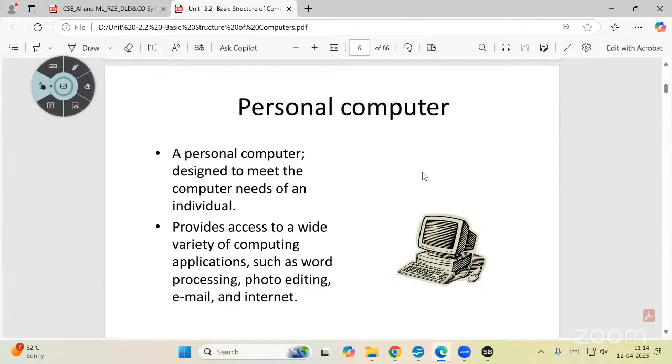All these we are assembling, and we are placing that computer on the table permanently. So it is called a personal computer. Then the personal computer is not movable. To move it, the whole table has to be moved. Okay, so that is a personal computer.